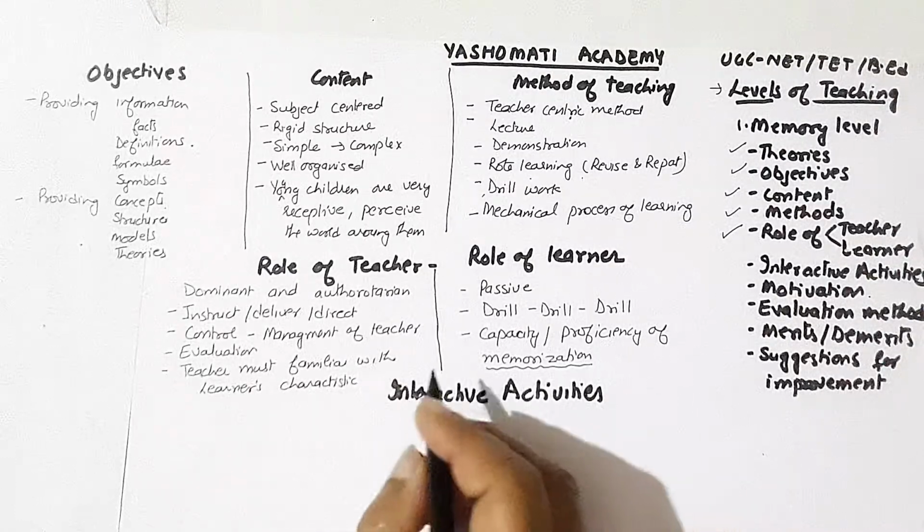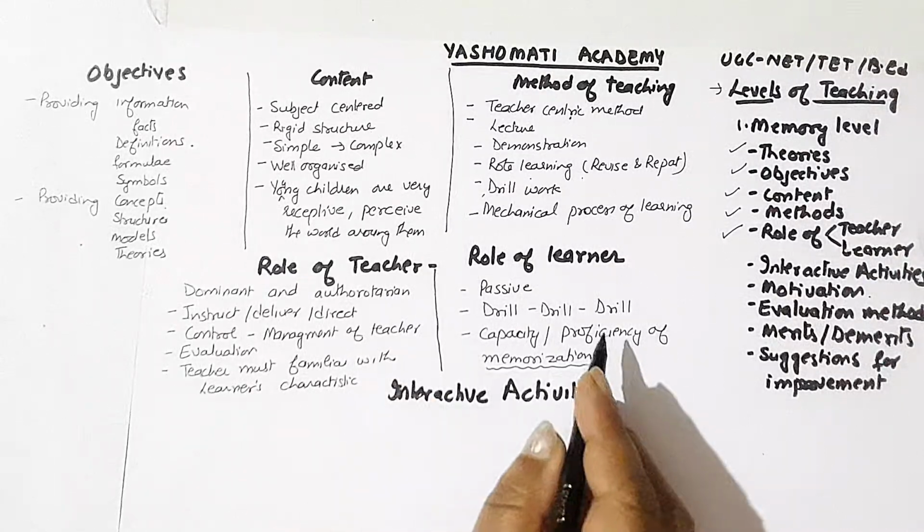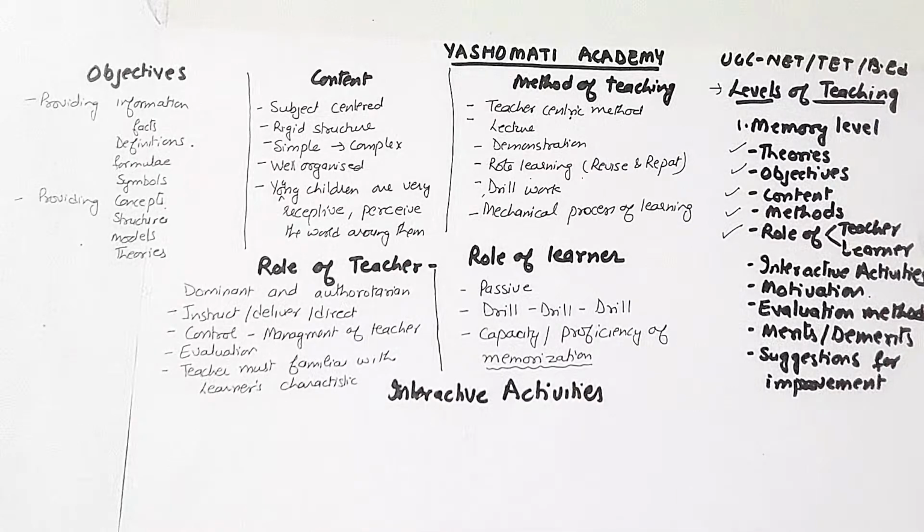Interactive activities take place between teacher and learner. So what activities can be devised so that it is not only one way transmission of information from teacher to learner, but teacher gets to know his learner by doing certain activities together.